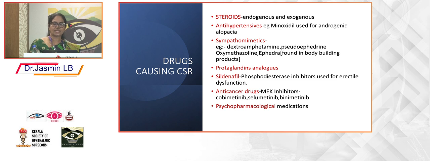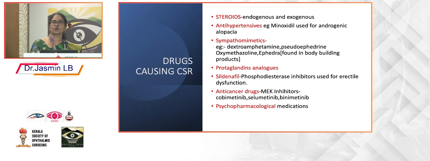Second is the antihypertensive drug, for example minoxidil used for androgenic alopecia, which also causes CSR by increasing the hyperpermeability of the choroidal vessels. Third comes the sympathomimetic drugs, the common drug which we use in common cold, that is pseudoephedrine, then ephedra, which is found in bodybuilding products.